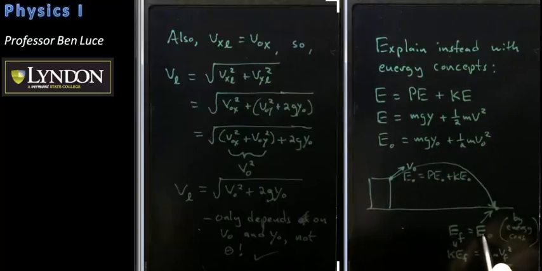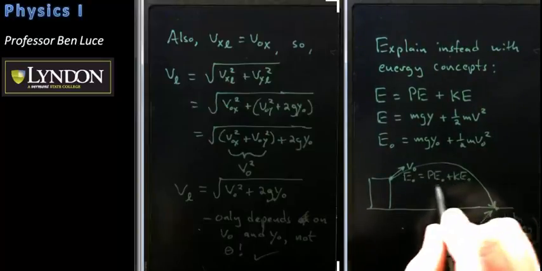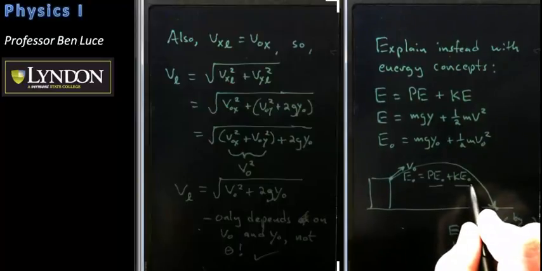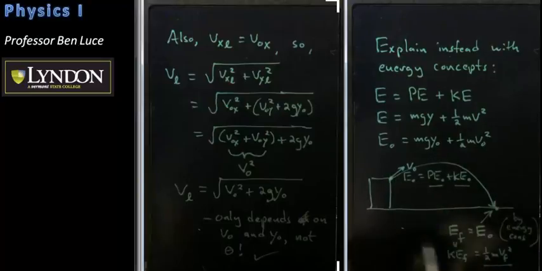So, because the initial total energy doesn't have any dependence on the angle, then the final total energy will be independent of the angle, and hence the final kinetic energy, and hence the final velocity, or what we've actually been calling VL, will be independent of the angle.